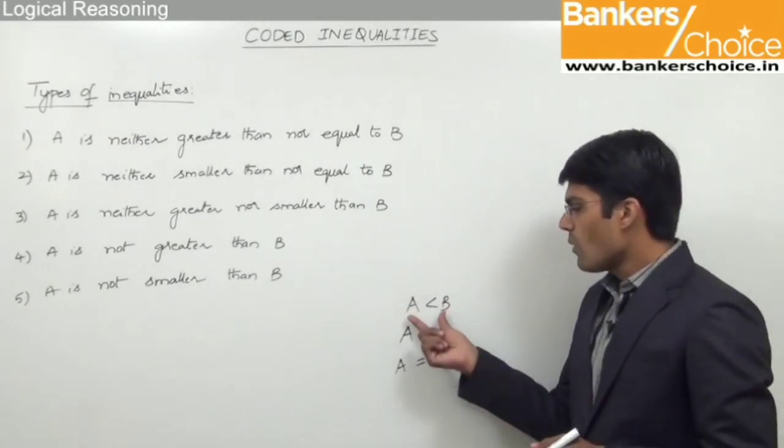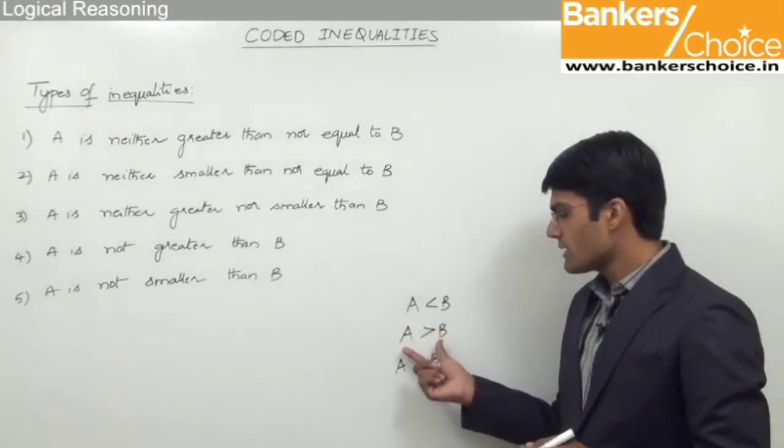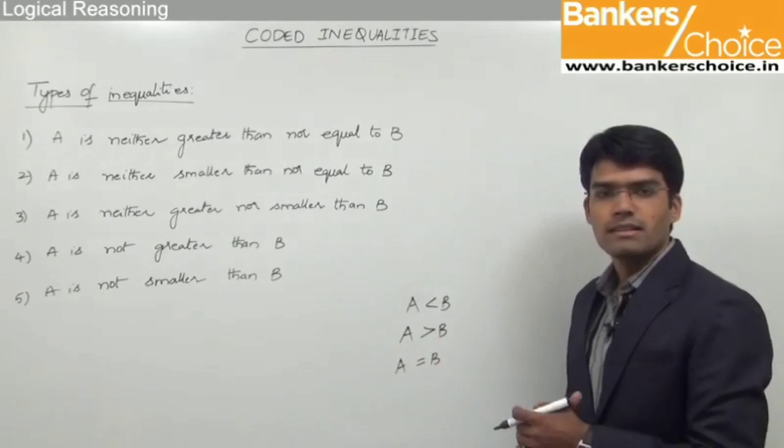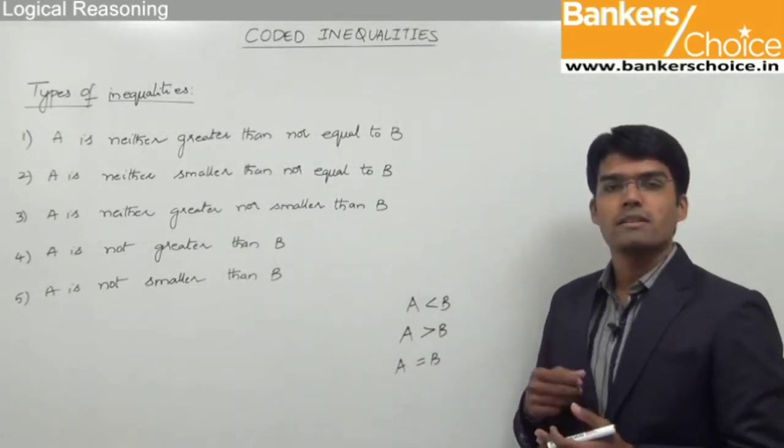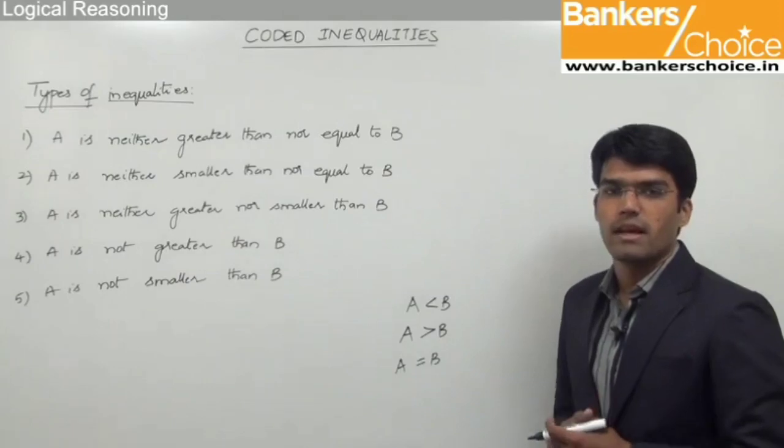That is, either one of them is less than the other, or greater than the other, or both of them are equal. Now with this knowledge, let us first understand the various types of inequalities that we have.